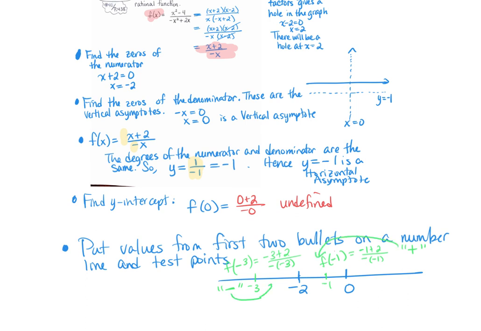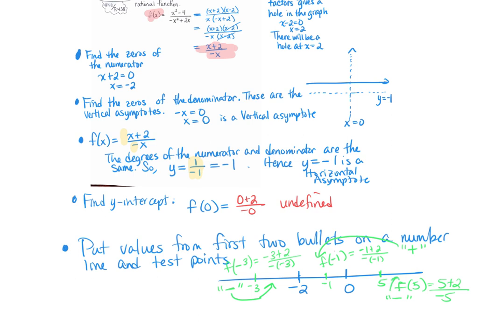This part is negative. And then we can check a number to the right. Check 5, and we're going to get what kind of number? Negative, because f of 5 is 5 plus 2 over -5. So you get a negative on this part.